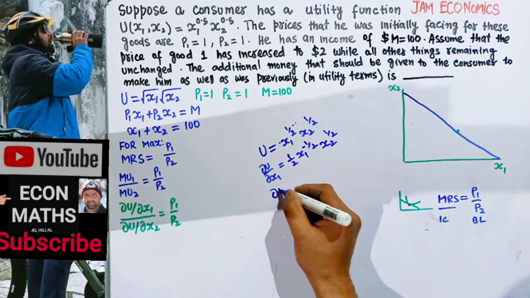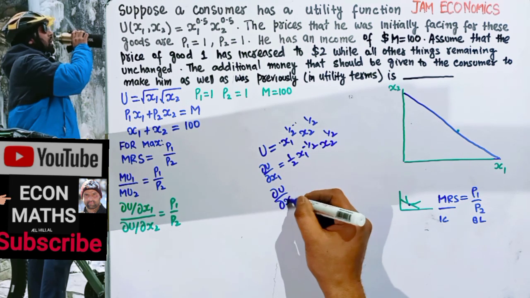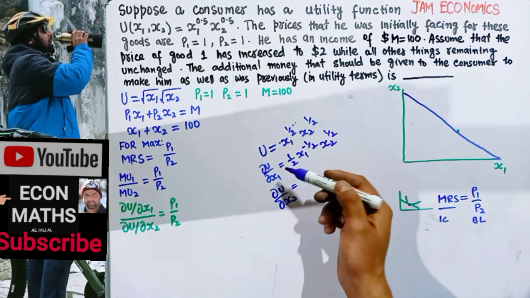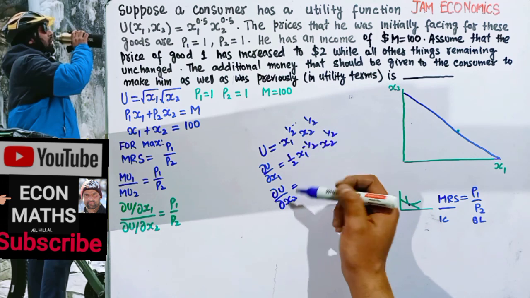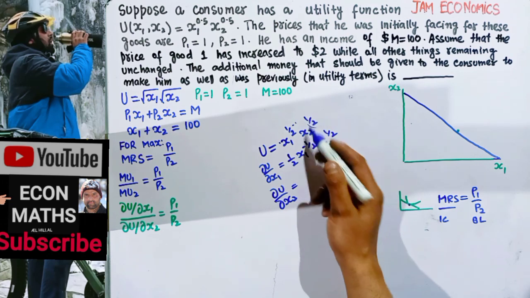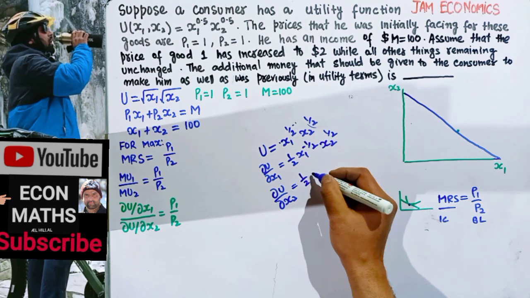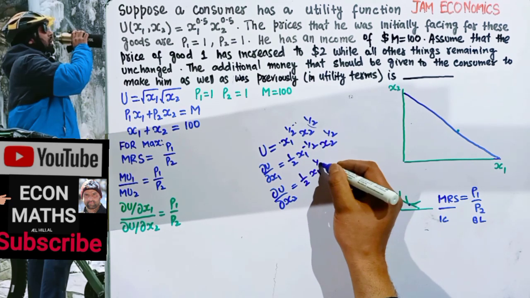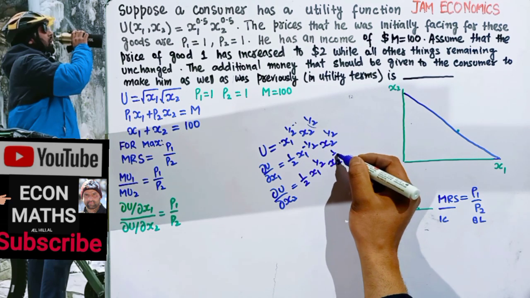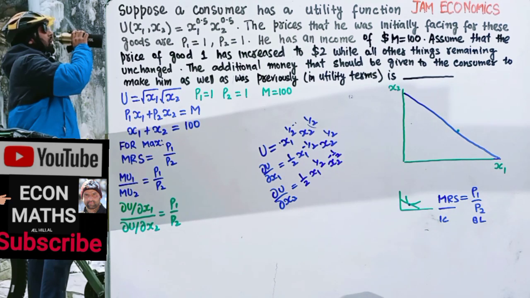By the same logic, du upon dx2, that means marginal utility with respect to x2, that means the partial derivative of this function with respect to x2, the exponent becomes coefficient, x1 will remain as it is, and x2 its exponent will be subtracted by 1, so it will become minus 1 upon 2.